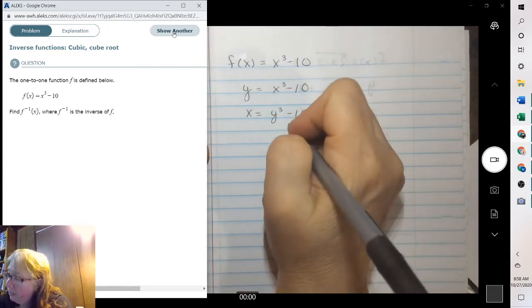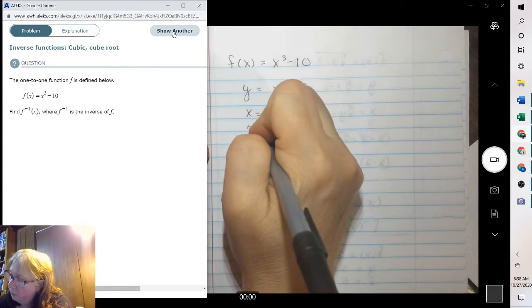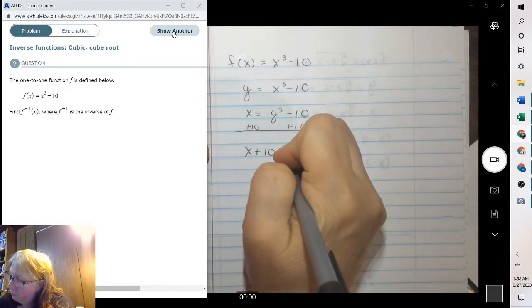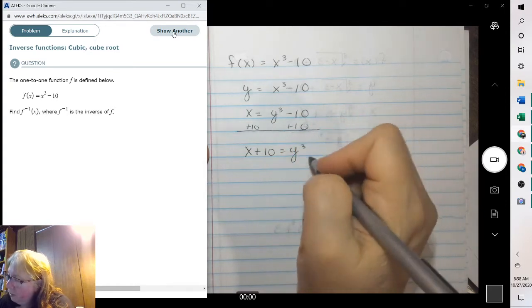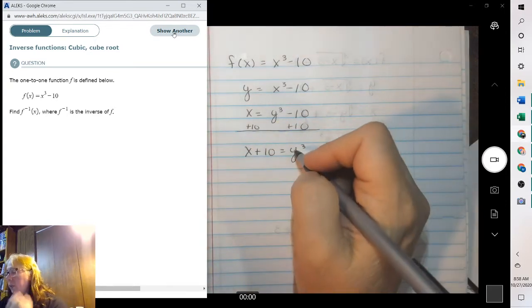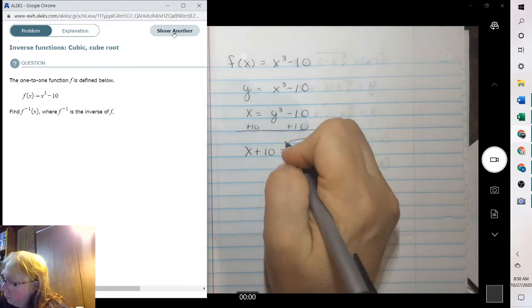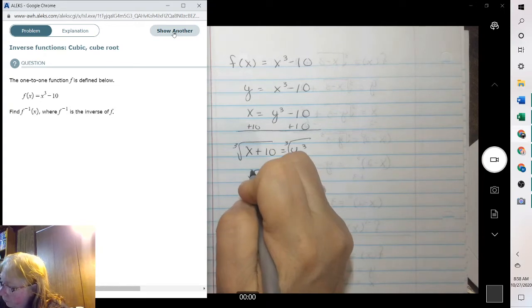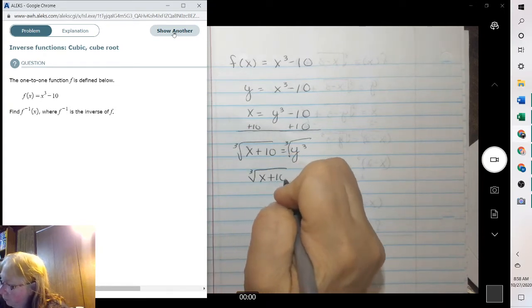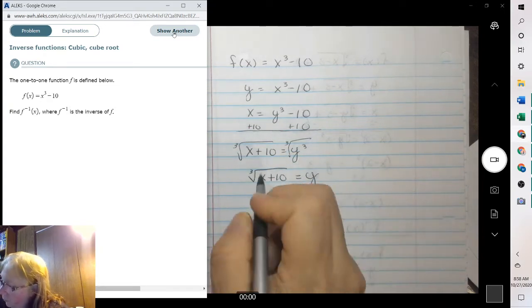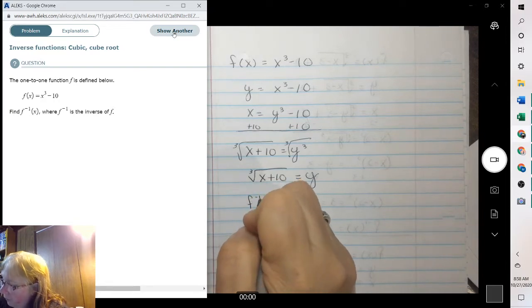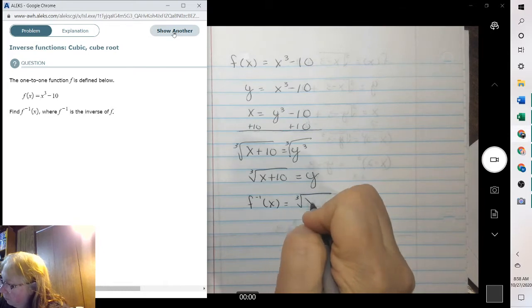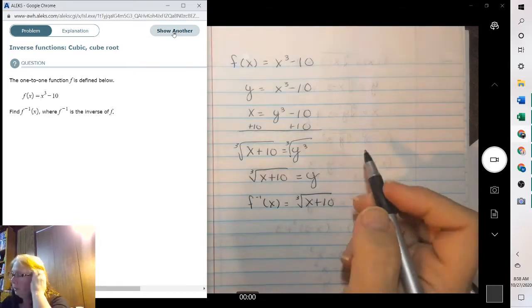Solve for y, add the 10. And then to get rid of the cube, take the cube root. And now switch your y to f inverse. And that's it.